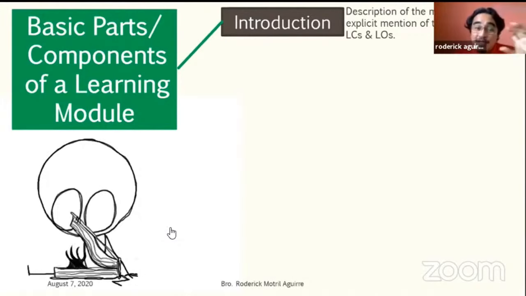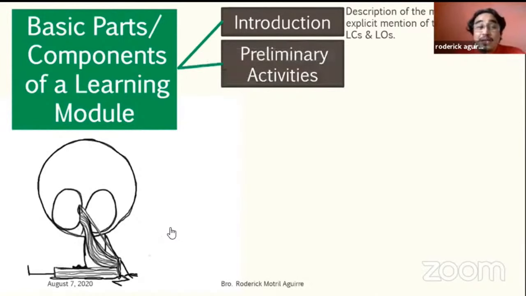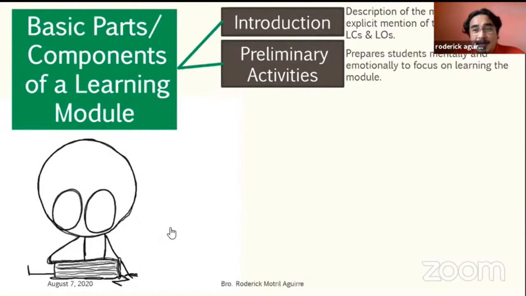All right, so klaro po yan, simula pa lang sa introduction. Next, you have preliminary activities. Like in the lesson plan, there are some activities that prepare students mentally and emotionally to focus on learning the module. Dapat mayroong preliminary activities to somehow give the students the whole idea of what they're supposed to be learning in the discussion part or body part.